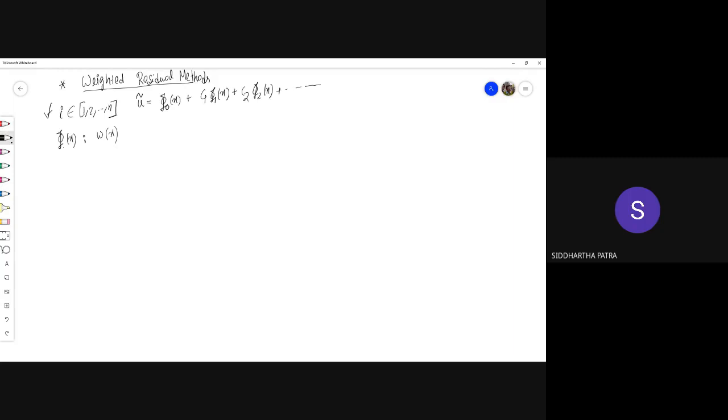But the number of weights should be the number of trial functions after phi 0. Once you skip phi 0, whatever the number of functions there is, there would be exactly the same number of weights. And these are all linearly independent functions.